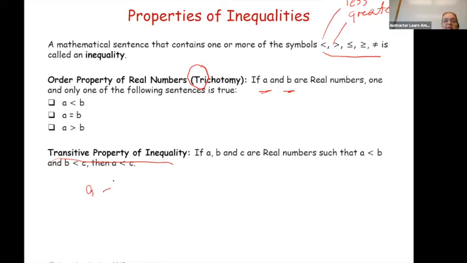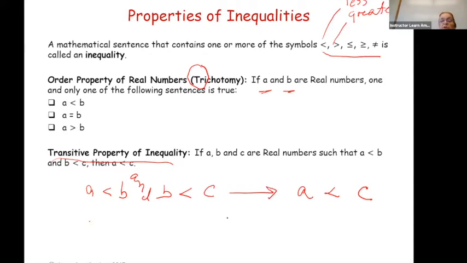If you have A is less than B, and B is less than C, it implies that A must be less than C. Again, it's sort of obvious. If, say, Alfred is younger than Bob, and Bob is younger than Carol, then Alfred must be younger than Carol.